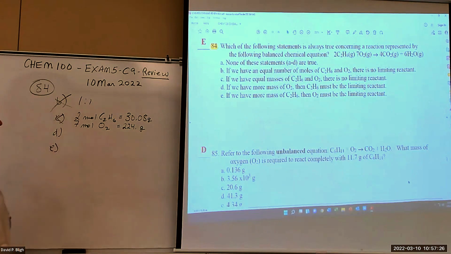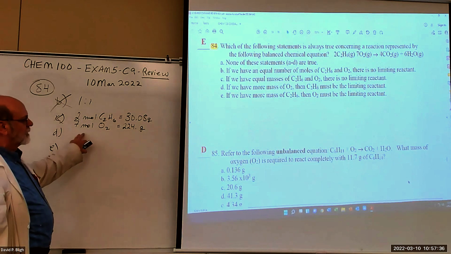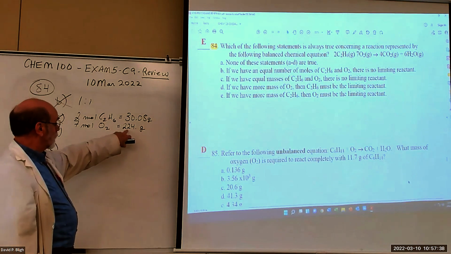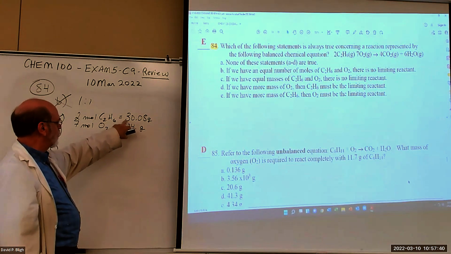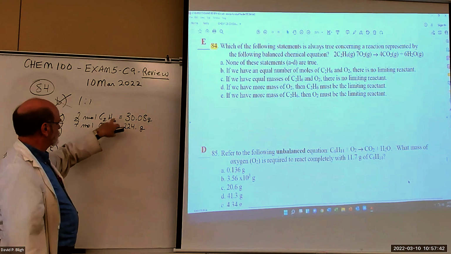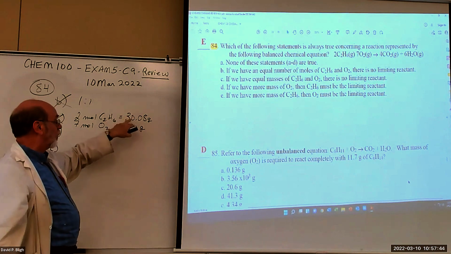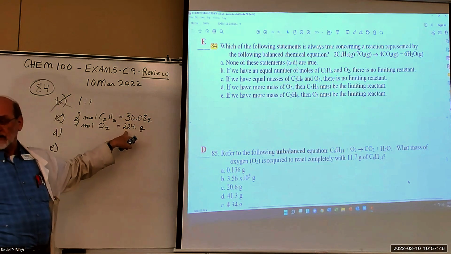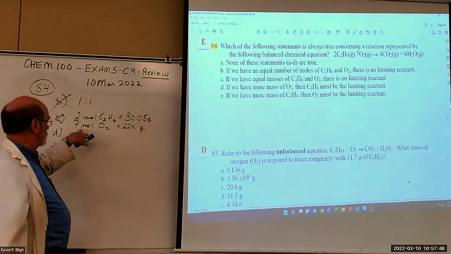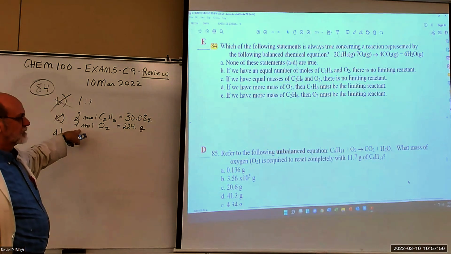How about D? If we have more mass of O2 than C2H6, C2H6 must be the limiting reactant. No, because the ratio is 224 to 30. If we have more mass of oxygen, it could be 31. It still wouldn't be stoichiometric. And that would make oxygen limiting. Right?